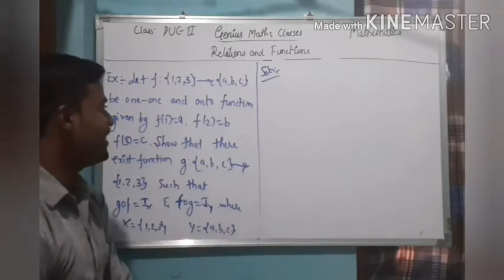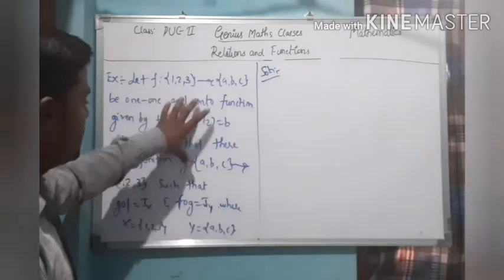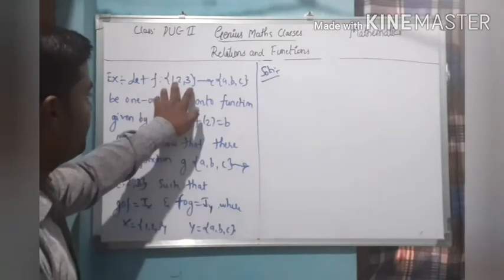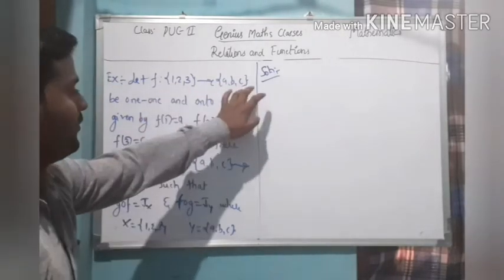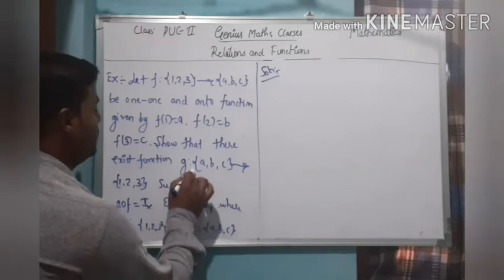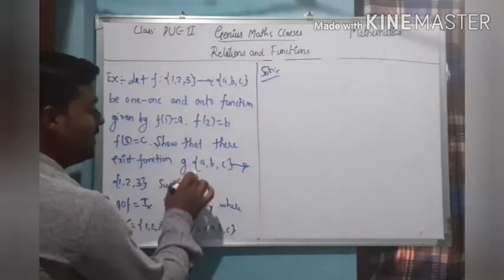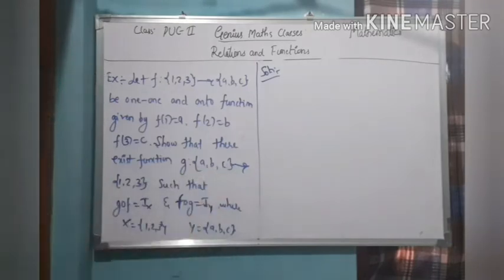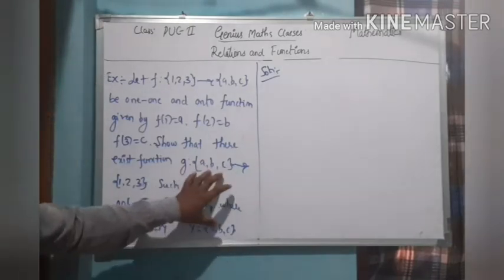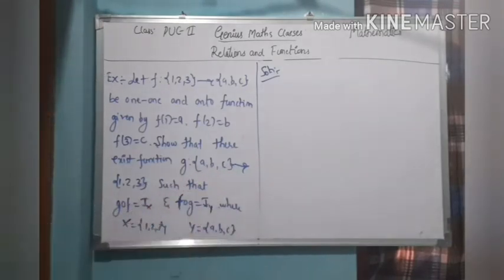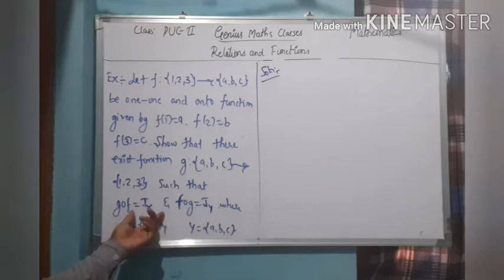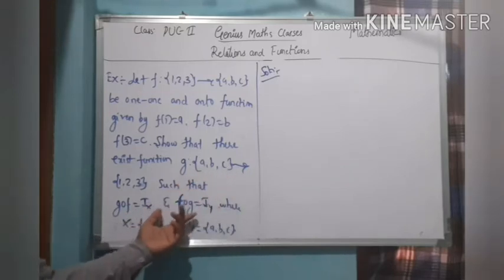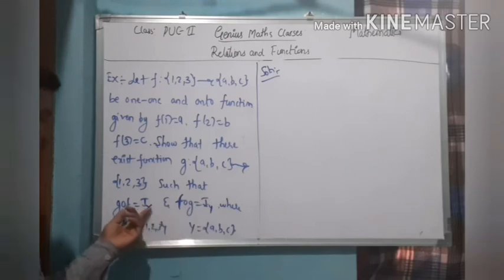Here we need to show that this function, observe, f is defined from {1, 2, 3} to {a, b, c}, and we have to show that g is defined in reverse, from {a, b, c} to {1, 2, 3}. Using this concept I can define g, and this composition will give you the identity.